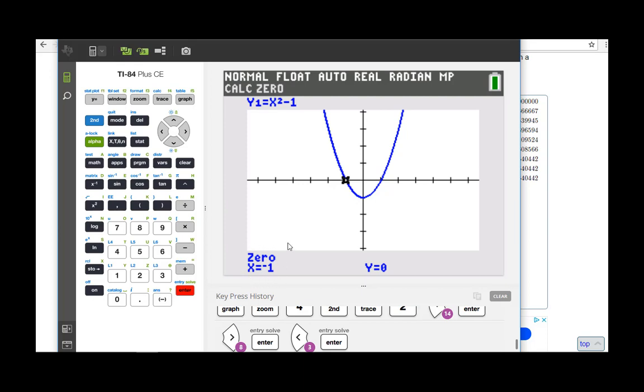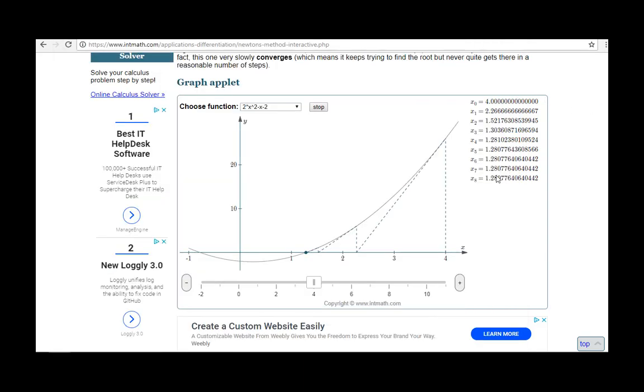So the program that it's running in the background basically is Newton's method, a slight variation of that. But it is Newton's method, and it's using tangent lines to hone in, to move closer and closer to the x-intercept. So let's talk about what that iterative process would look like to continue to move closer to the x-intercept in a more efficient manner.